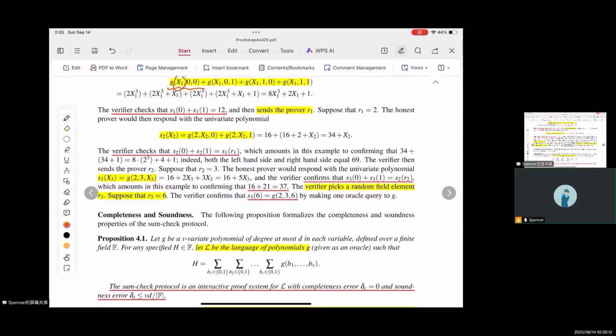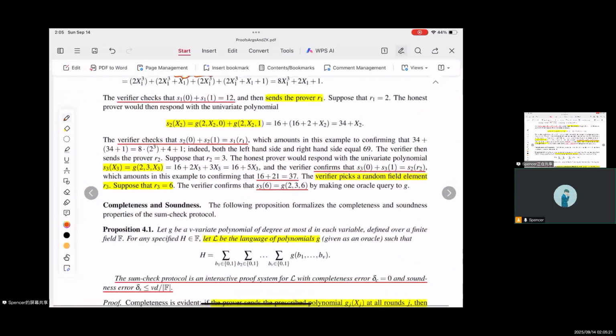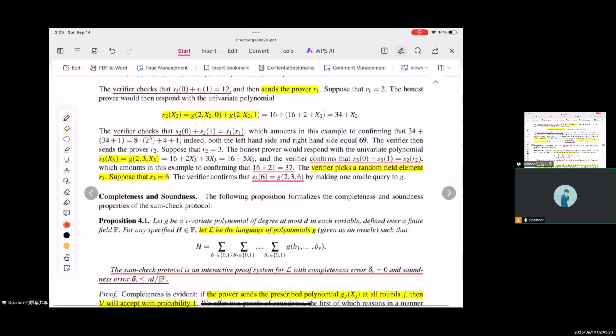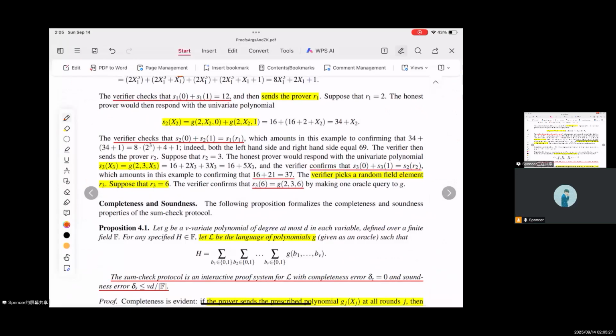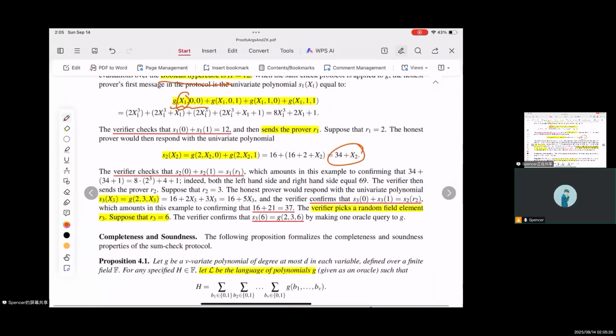So round by round. Let's look at one round because we can verify some of its calculation. For example, S2(X2) equals 34 plus X2, and we can verify S1(R1).